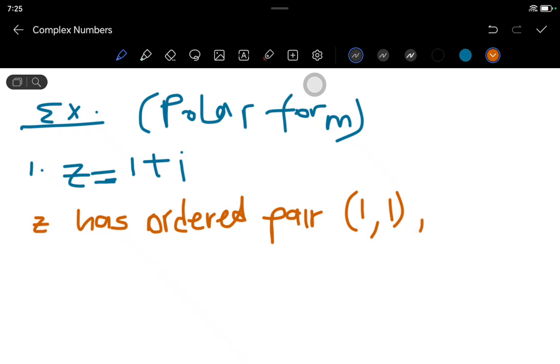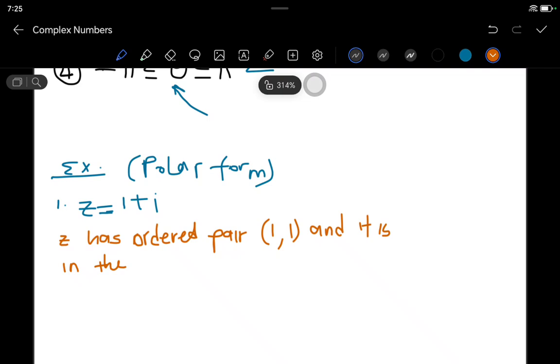And this ordered pair, where does it lie? You're going to say, and it is in there.